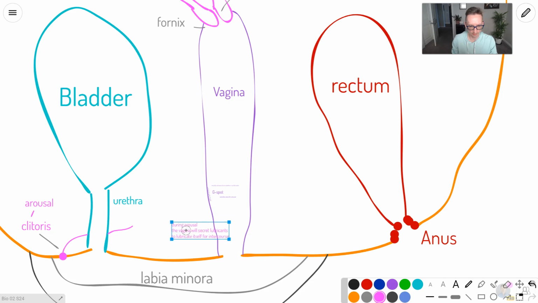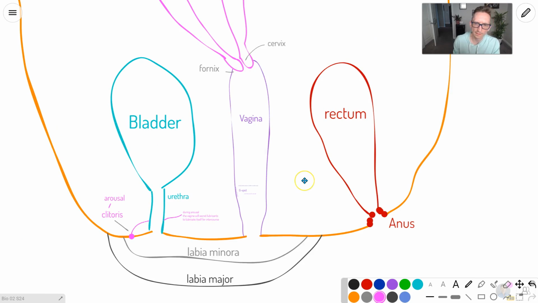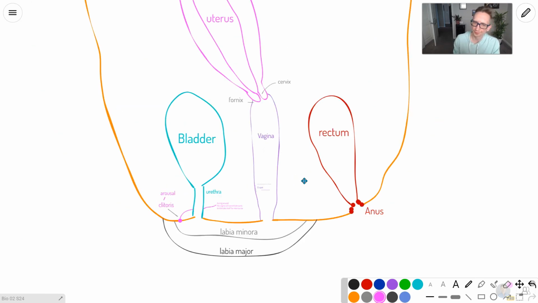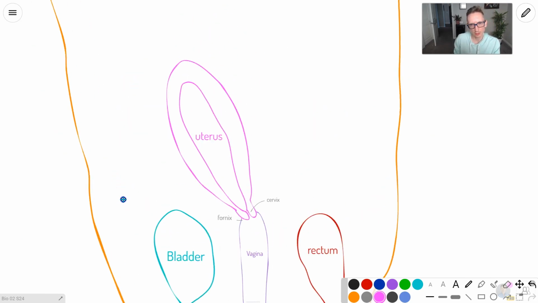All right, so that's a nice little side view. Couple of pro tips here. You already kind of talked about the shortness of the urethra.